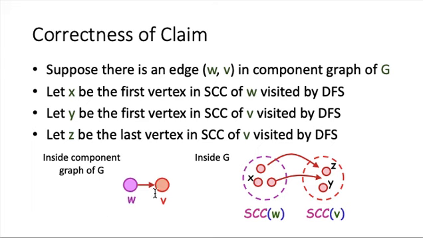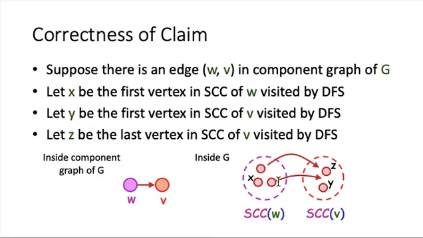So here this is an illustration. This is the component graph of G. So we have W pointing at V. Is that okay? Now, in the original graph G, W corresponds to a bunch of vertices, and V corresponds to a bunch of vertices. So we have the SCC corresponding to W, and then the SCC corresponding to V. There may be more than one vertex inside.